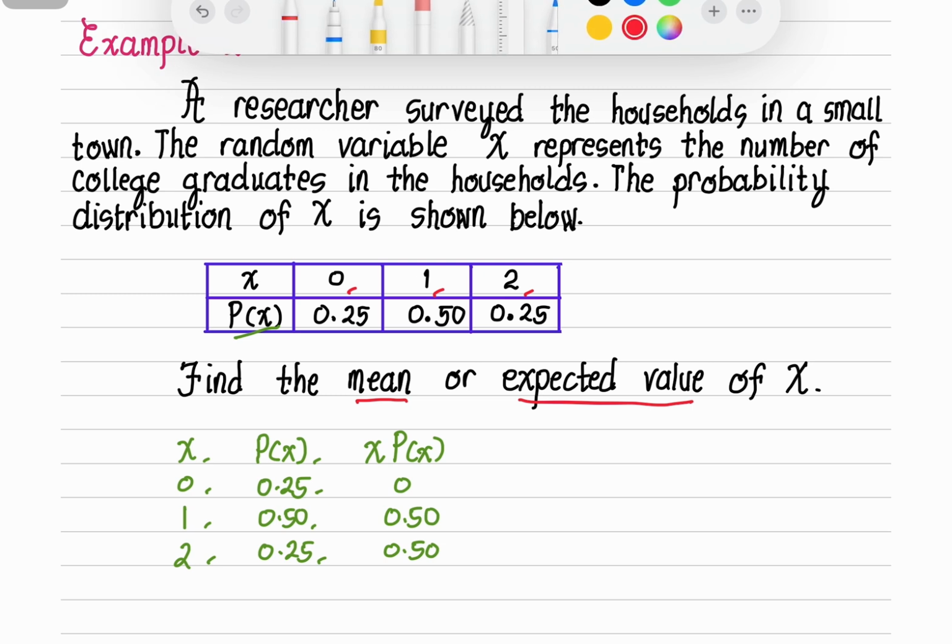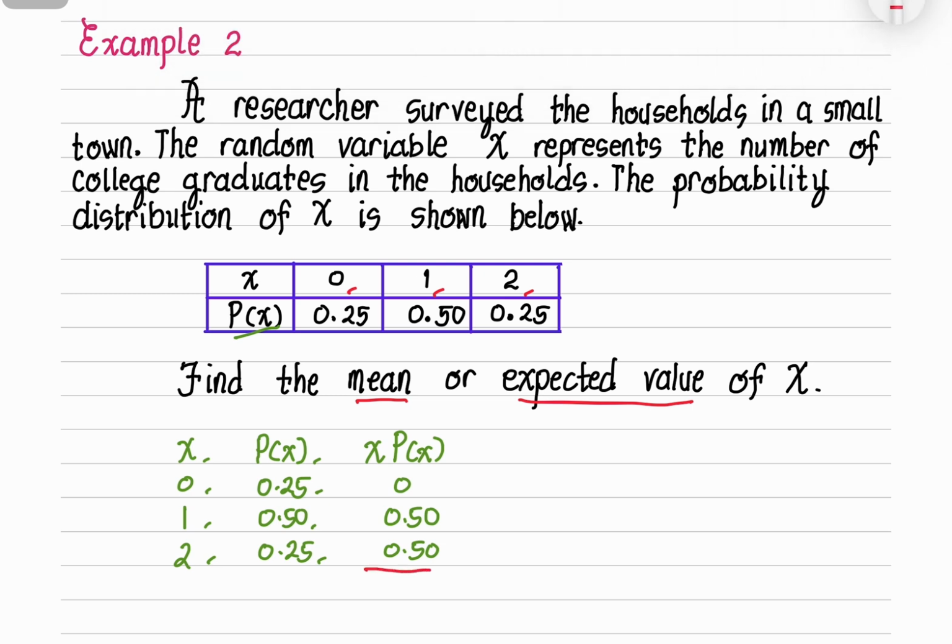Okay? So, get the summation. So, ang summation natin dito ay the summation of x times the probability of x or p of x is now equal to 1.0 or 1. Okay?